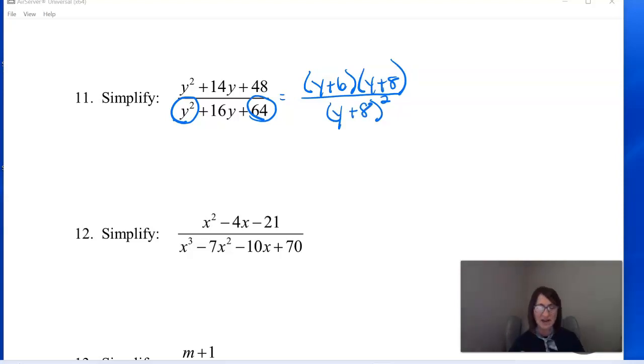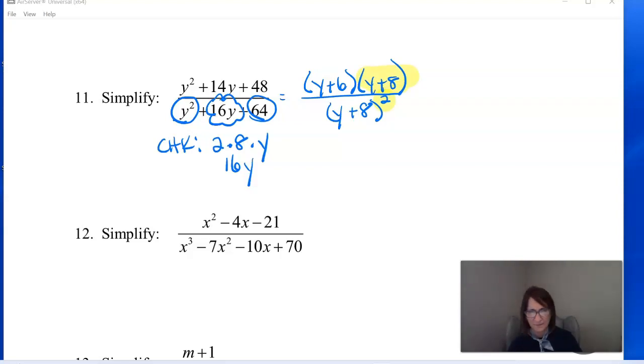So to check that, it'll be 2 times 8 times y, which is 16y. Sure enough, that checks. So now I have a y plus 8 in my numerator, and I actually have 2 y plus 8s in the denominator.